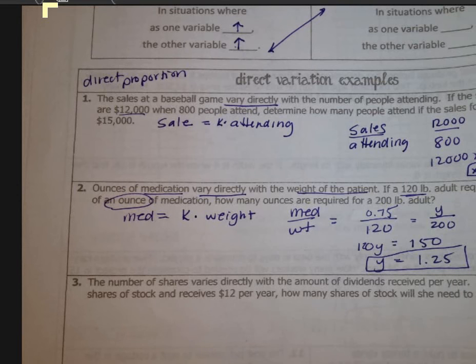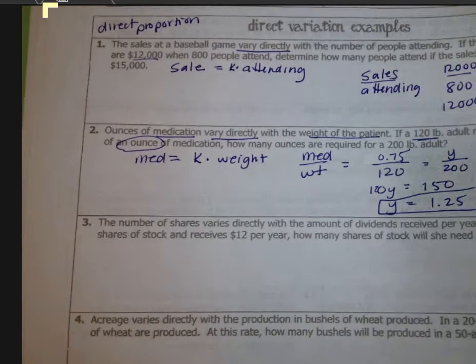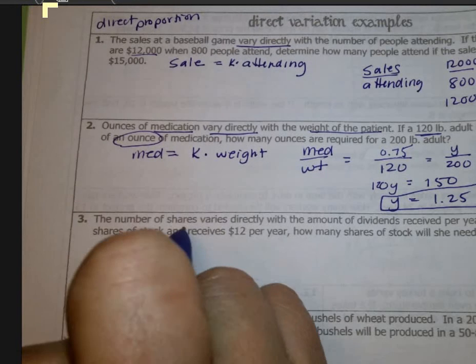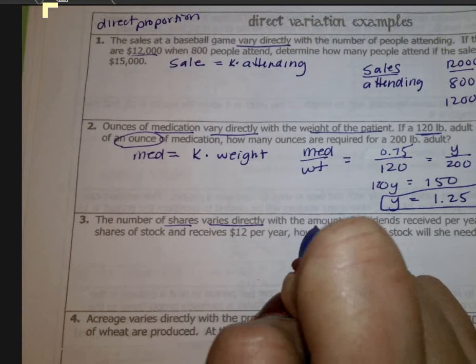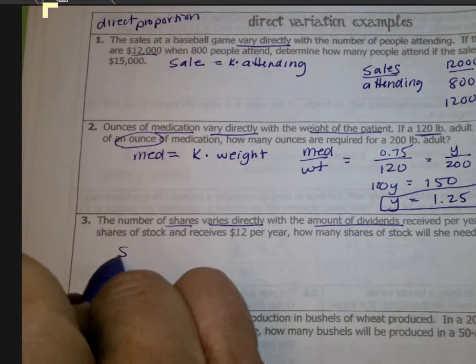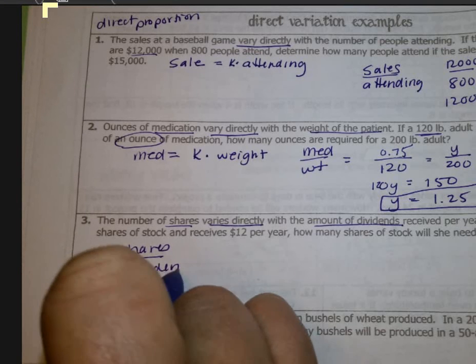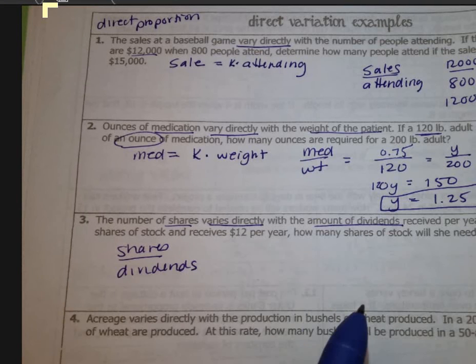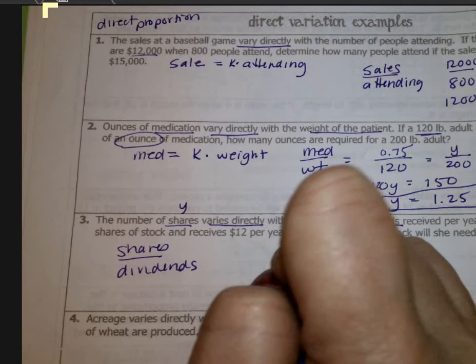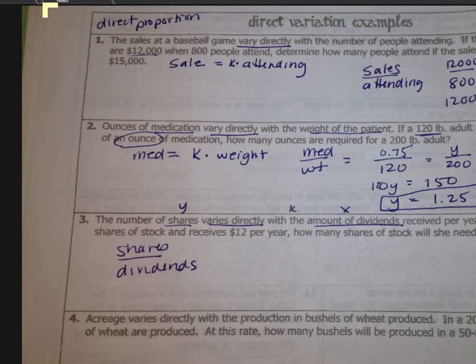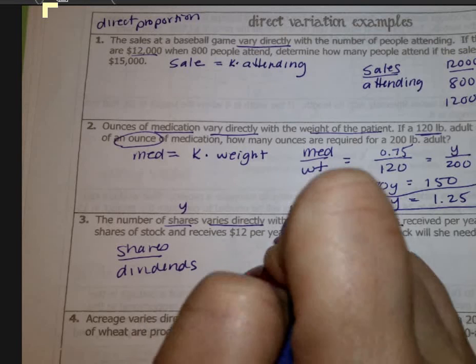We'll look at one more, and then you'll start your quick check. It says the number of shares varies directly with the amount of dividends. So my shares to my dividends. Y is my shares, like Y equals K times X, and my X is my amount of dividends.